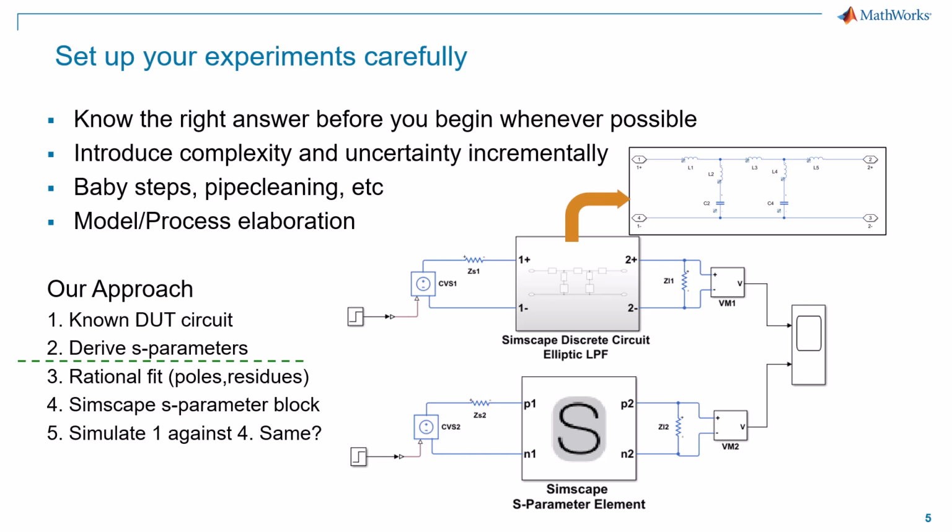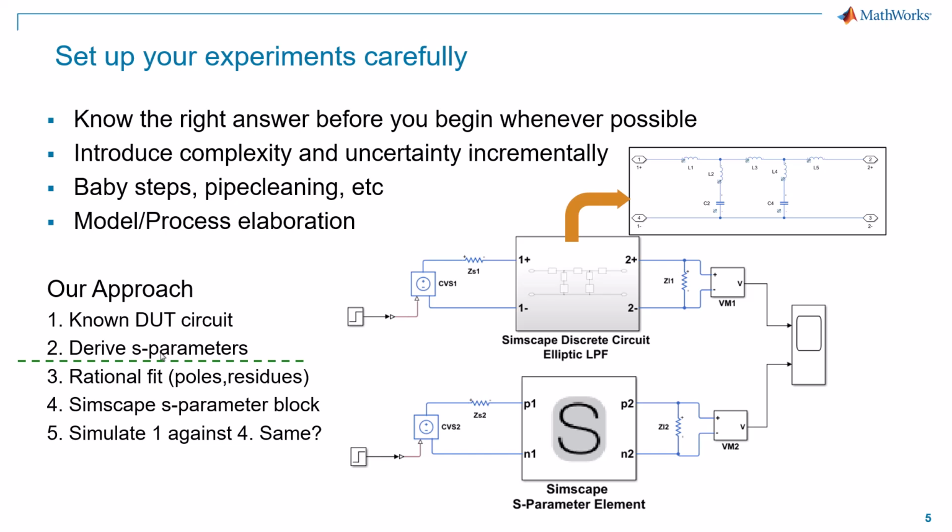So this allows me to take a baby steps approach to trying out this new technique, where I say I trust these S-parameters, I know they're good, they're stable, they're causal, I know what the response looks like. So when I extract a model from them and model it in Simulink, I know that it's doing the right thing.